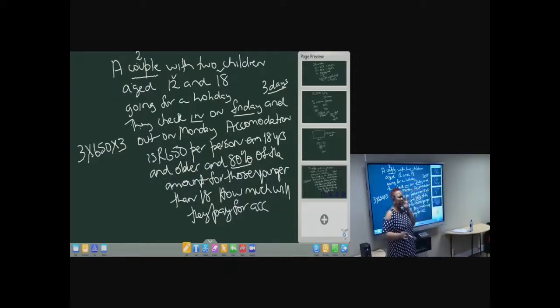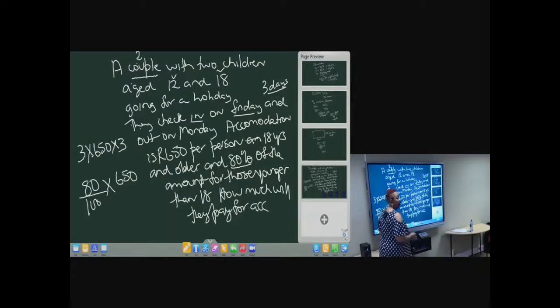Now I am not mentioning increase by a percentage or decrease, but I'm saying 80% of the amount. And you must remember that "of" means multiply. So when you are translating it, 80% of is multiplied by 650.